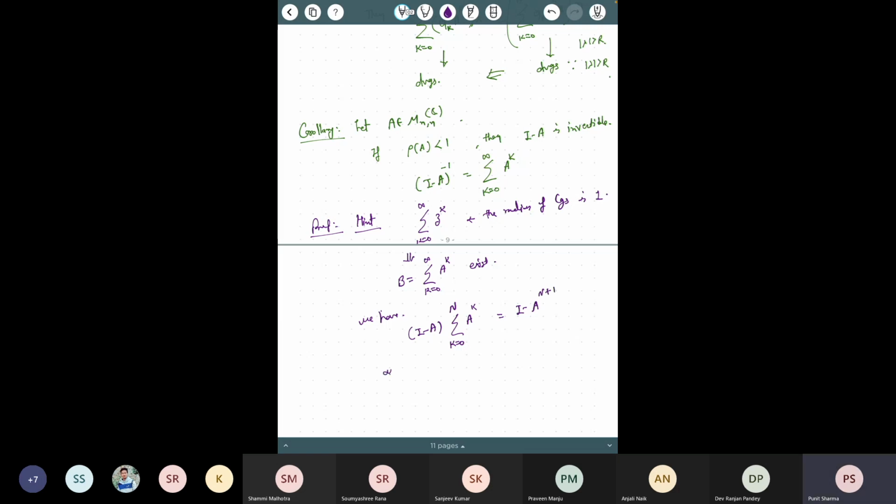So when n tends to infinity, you can see that I minus A times B is equal to I. So that means B is the inverse of I minus A.